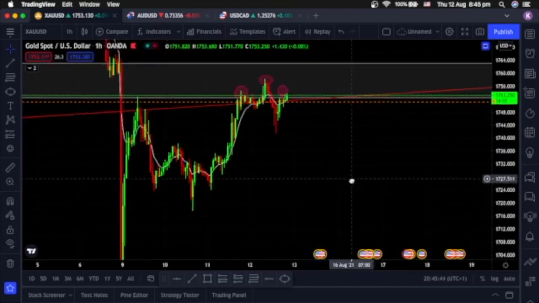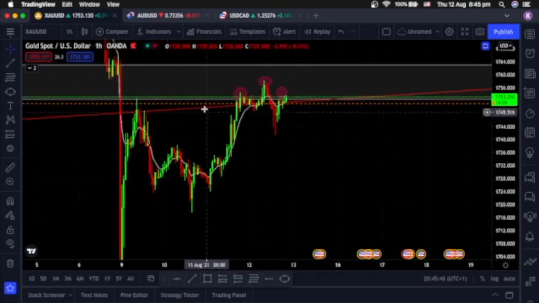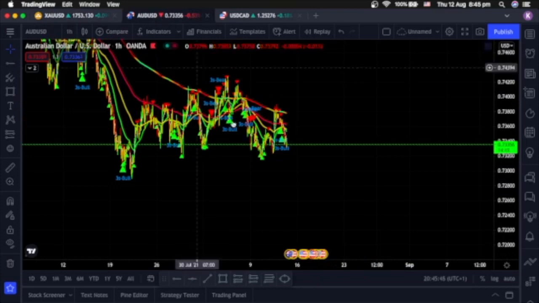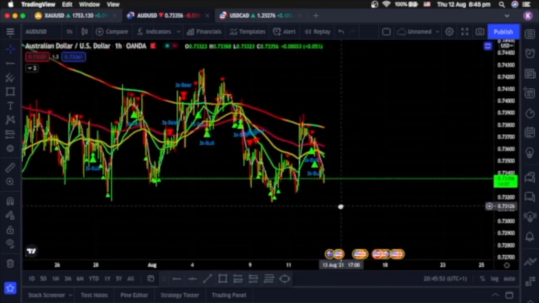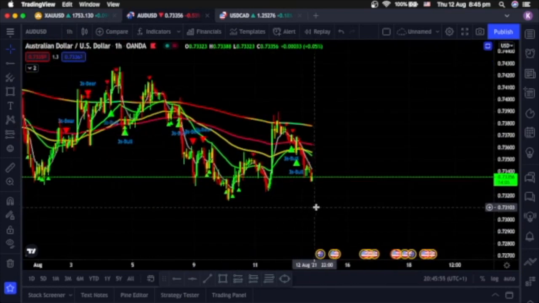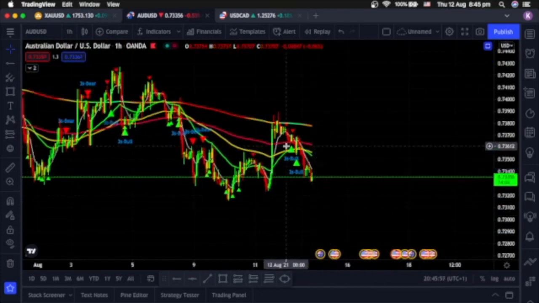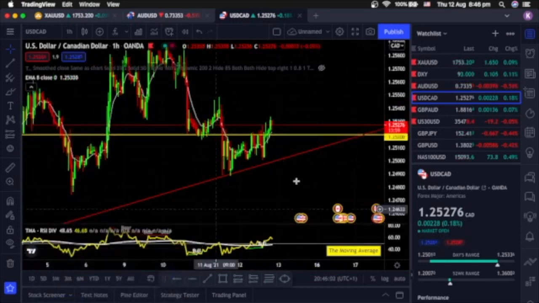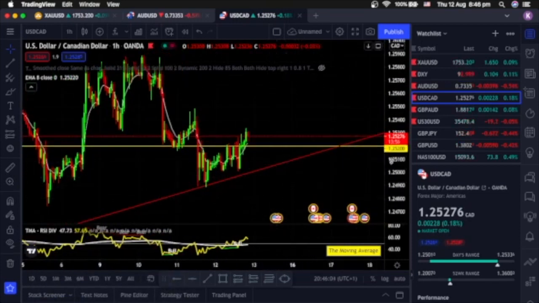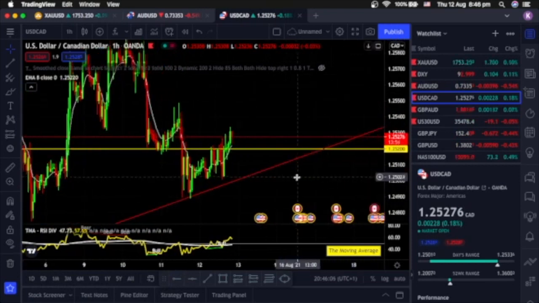So yeah, guys, this is the strategy I use. It's called the 3-line strike. You wait for a breakout and a retest, and you just ride it all out.